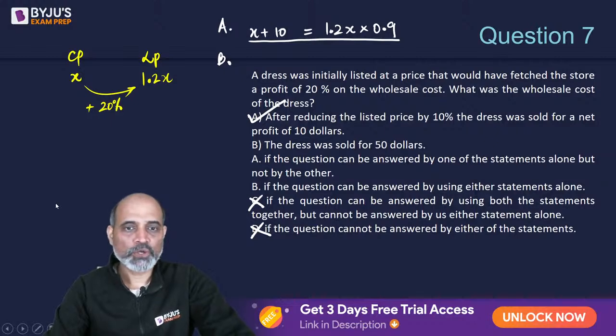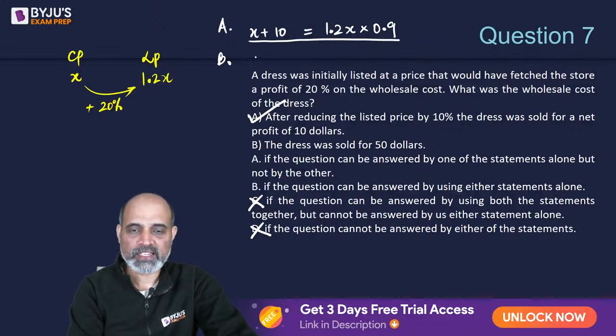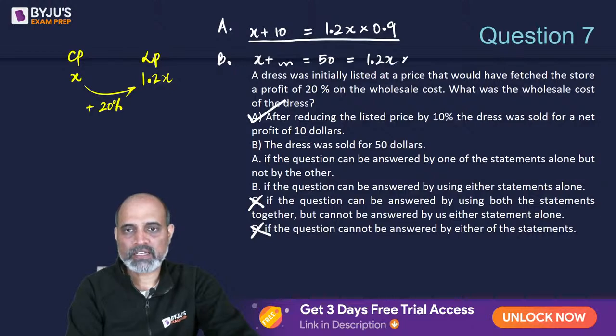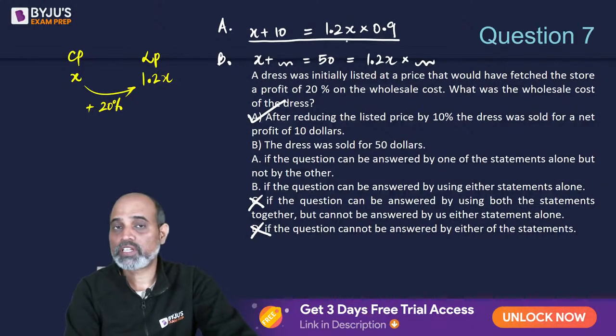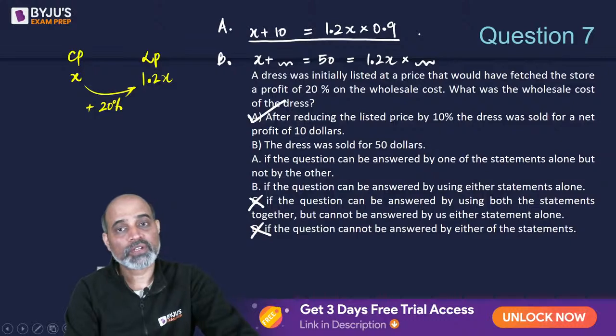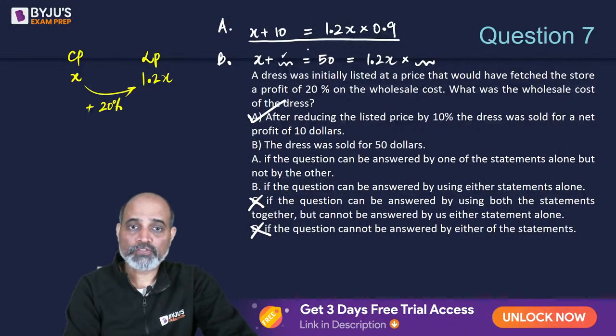So since we don't know for how much the discount was given, we can simply say that x plus certain profit is $50, right? And this $50 is 1.2x times how much, that is also not known. So there are two things that are not known, right? Actually three things: x, the profit part, and the discount part.